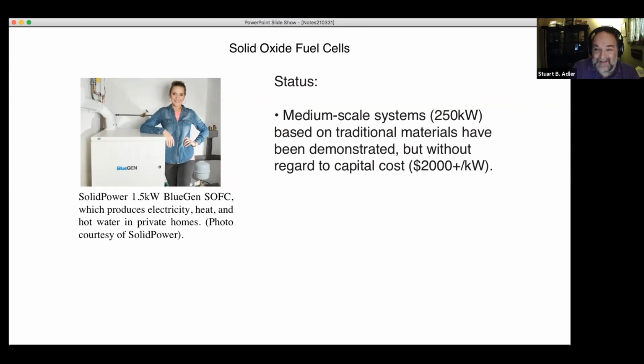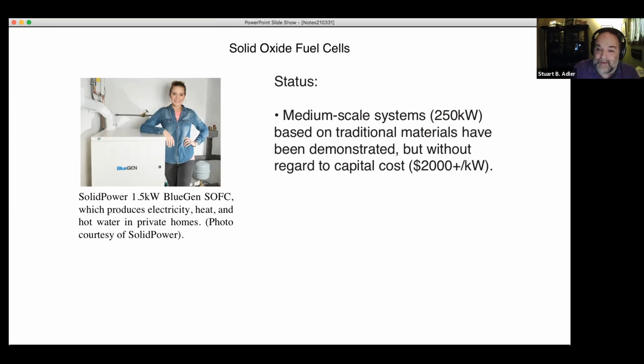It has been tested up to about 250 kilowatts. These are fairly large stationary power systems based on traditional SOFC materials that were developed back in the 70s. But it's just incredibly expensive, $2,000 or more per kilowatt of electrical capacity, which is not really cost competitive with traditional fuels. That was the focus for years.